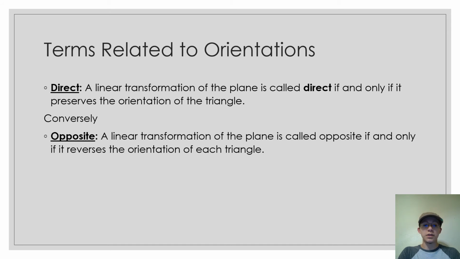Along with these orientations are two other adjectives to describe these transformations: direct and opposite. When a transformation keeps its orientation, that is what's known as being direct.